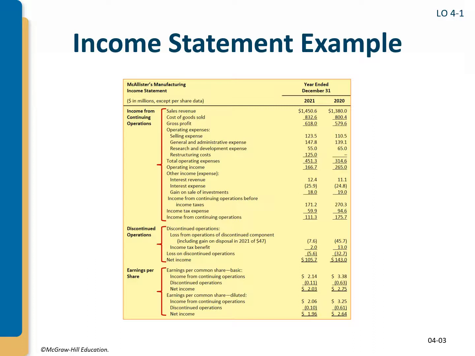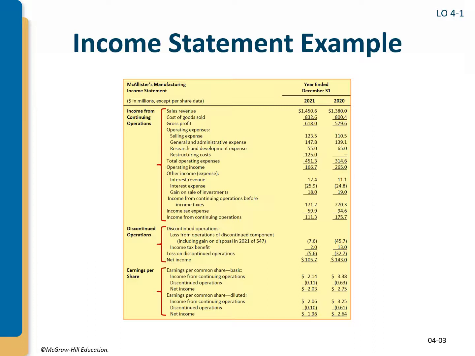Notice, we call this income from continuing operations before income taxes. Okay? We take this income amount, calculate income tax on it, usually based on a percentage for our case, subtract that, and that will ultimately give us income from our continuing operations. That means these operations, all these items, are planned to be continued into the future.